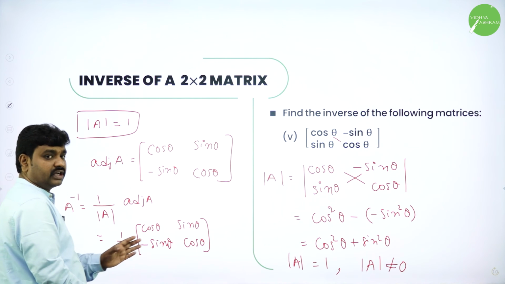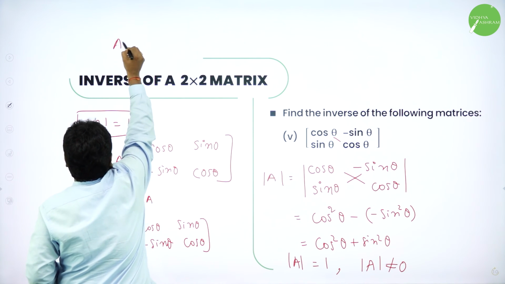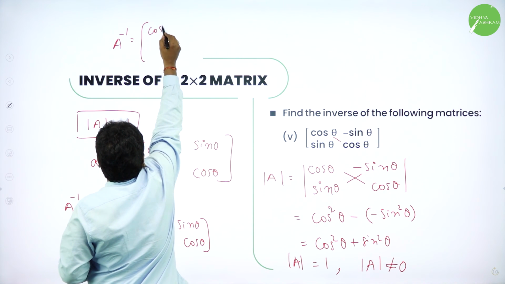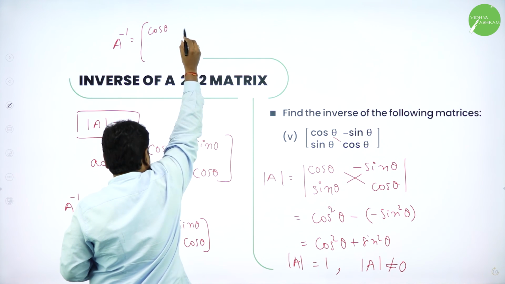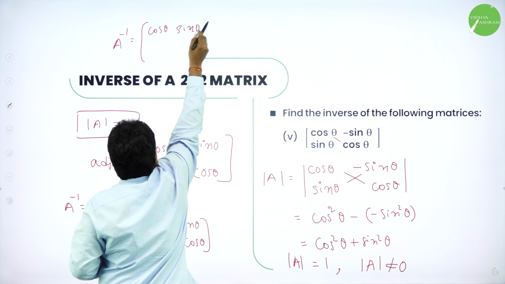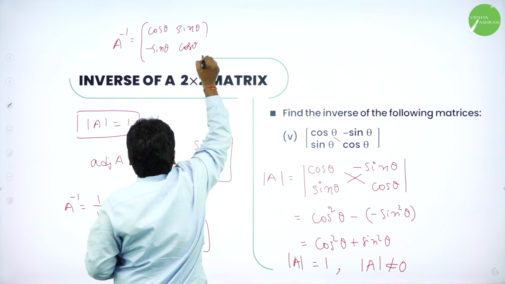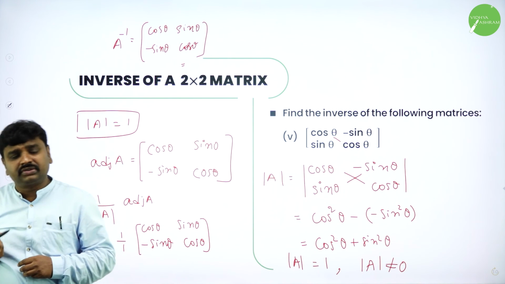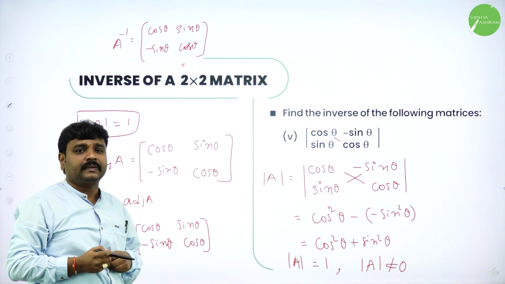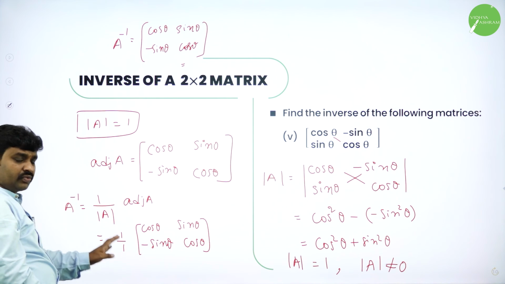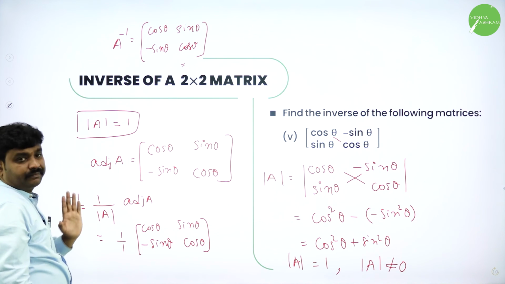Multiply 1 or take 1 inside, so we will get A inverse. What is A inverse now? Cos theta, sin theta, minus sin theta, cos theta. This is the A inverse. That's it. So they gave it in terms of trigonometric functions, but still we got A inverse. I hope all of you understood this. 1 into anything is the same. So that's it.